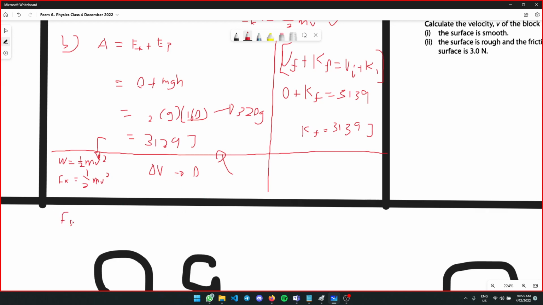So Fx equals 3139, and x equals 1.5. Finally, we can say that the retarding force F equals 2093 N. Did you get this answer? 2093?